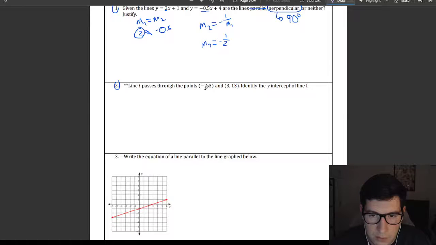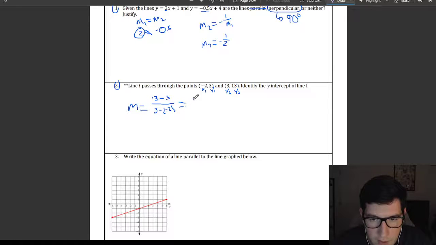So first thing I'm going to do is label my points. So I have x1, y1, x2, and y2. I'm going to go ahead and set this up. I know that m is equal to y2, so 13, minus y1, which is 3, put over x2, so 3, minus x1, which is negative 2.